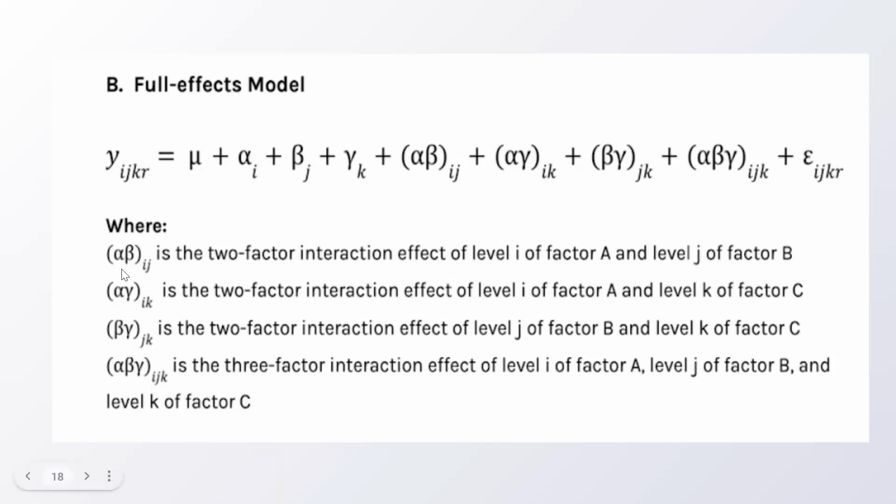So, parang ganito nga po, where alpha beta sub ij is the two-factor interaction effect of level i of factor A and level j of factor B. I repeat, yung ijk are the levels of the factors A, B, C. Yun po.